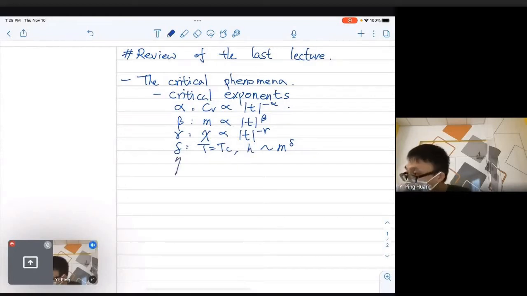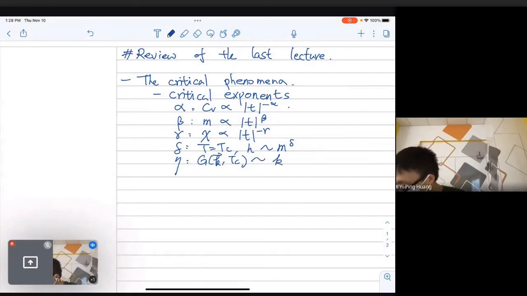And eta is related to the Green's function or the correlation function in k space at exactly the transition temperature, which goes like k to the power of -2 plus eta. Of course, the other important behavior of the critical system is how the correlation length ξ behaves as the temperature is nearby the critical temperature.